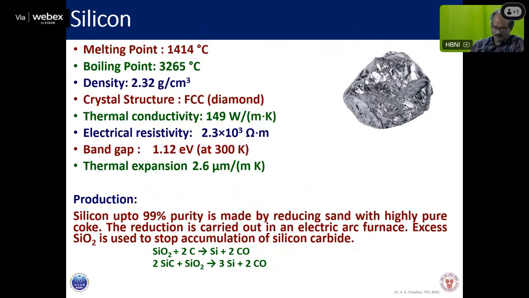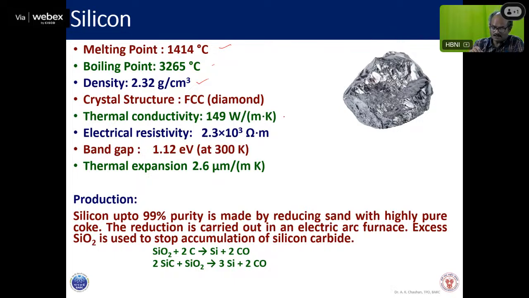Now the properties of silicon, which is very commonly used as a semiconductor. It has a melting point of 1414 degrees centigrade with a boiling point of 3265 degrees centigrade. The density is 2.32 gram per centimeter cube. It crystallizes in an FCC structure, which is the diamond structure.